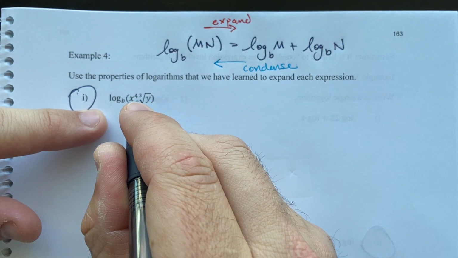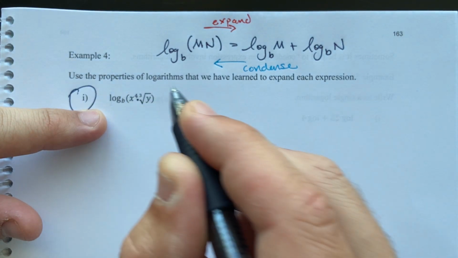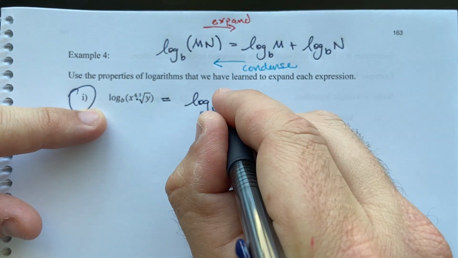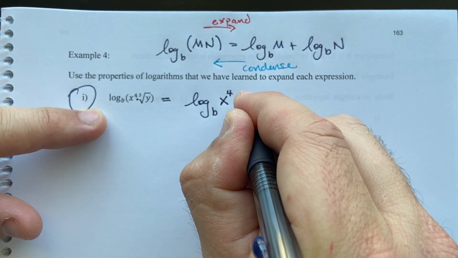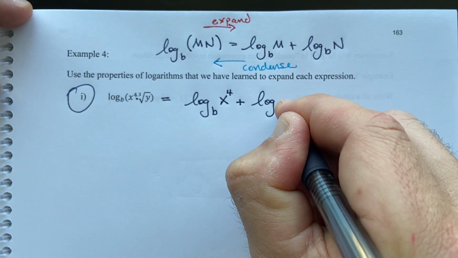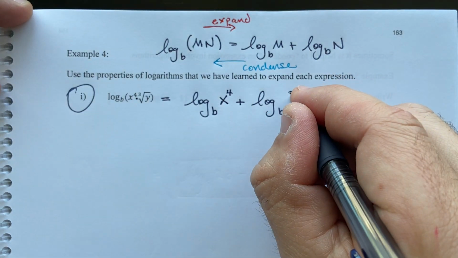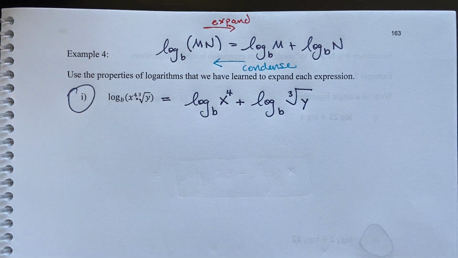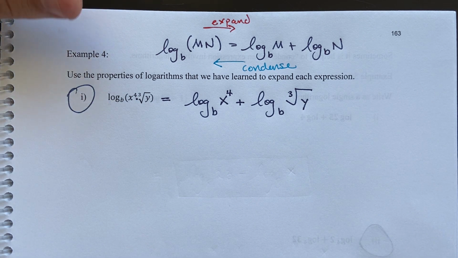So the first thing I'll do is actually split this up across the multiply. So this is equal to log base b of x to the fourth plus, since it's multiply, plus log base b of cube root of y, right? And we want to keep expanding this until there's nothing more to do with respect to the properties.